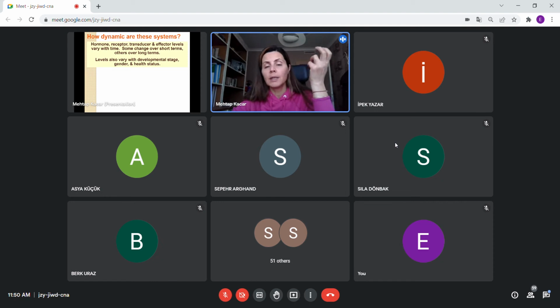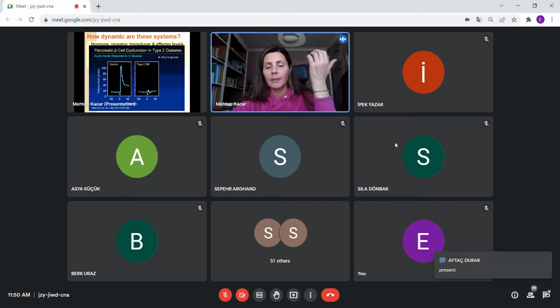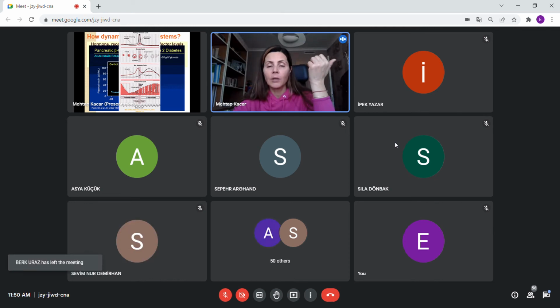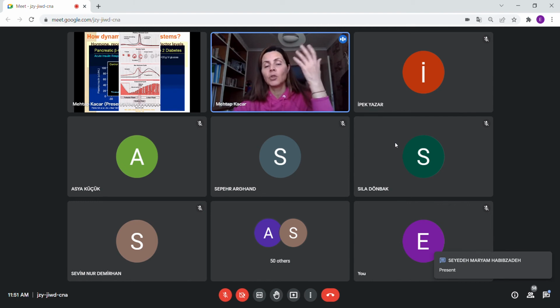Levels also vary with the developmental stage, gender, health status, or daily time, something like that. We will discuss all of them. For example, the pituitary hormone cycle, you can see here, and the ovarian cycle, sex hormone cycle, endometrium cycle. These hormonal changes occur within one month in a female, and you can see here hormonal levels always change.